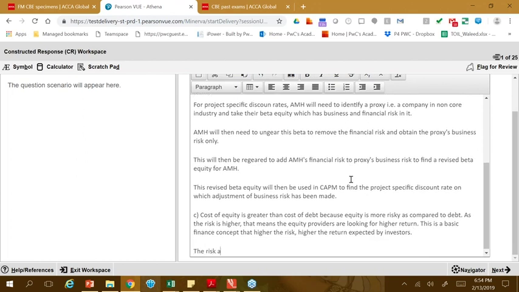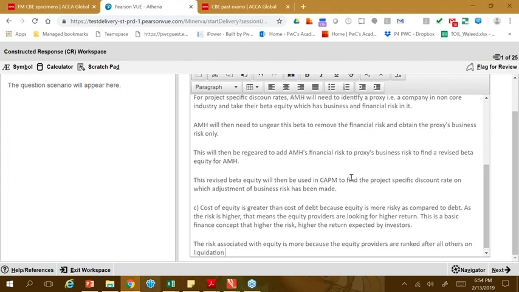The risk associated with equity is more because the equity providers are ranked after all others on liquidation, which means they may not be able to get their money back.